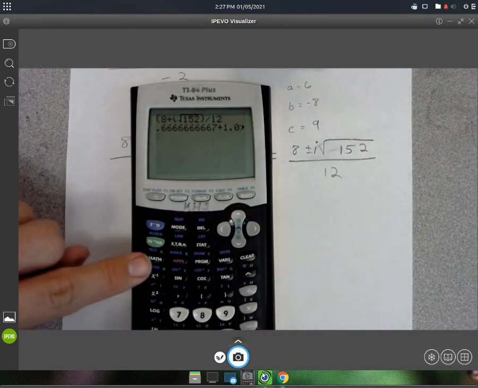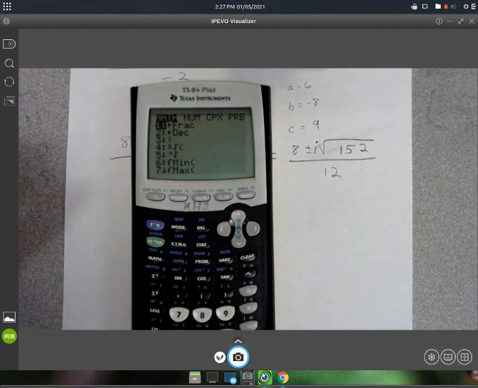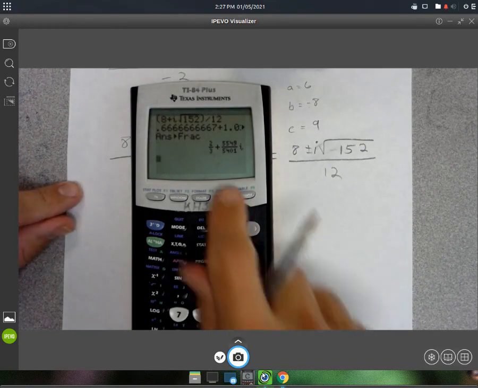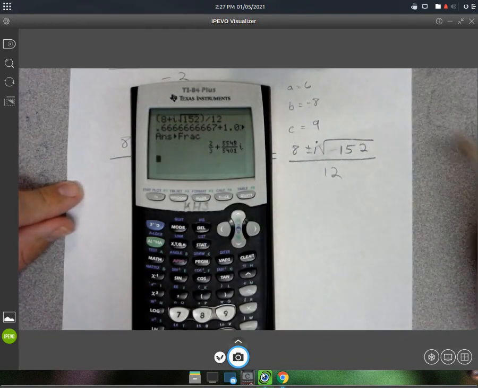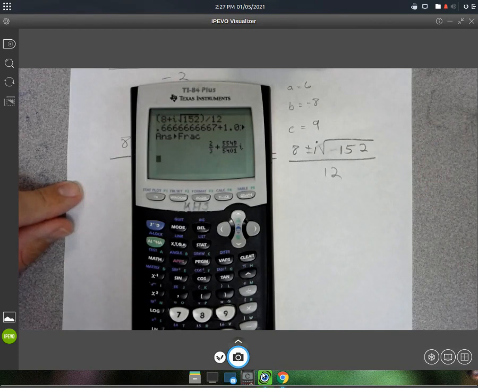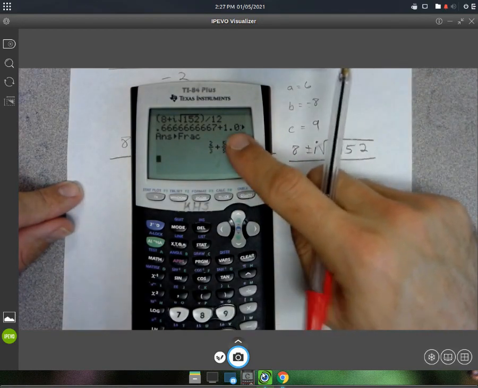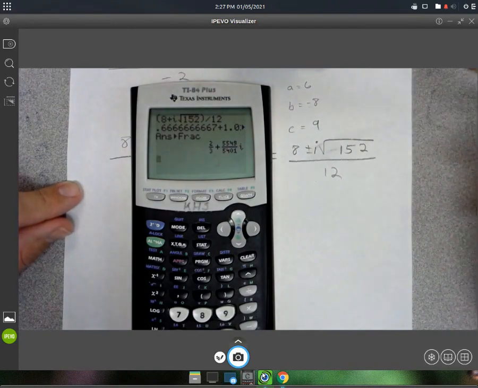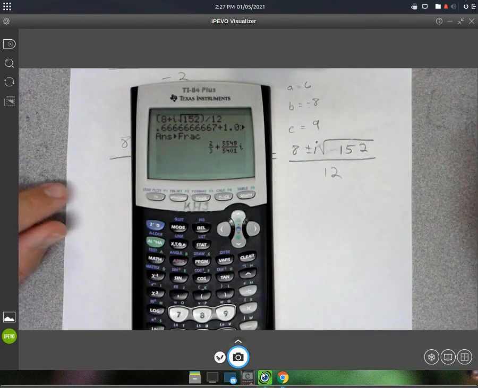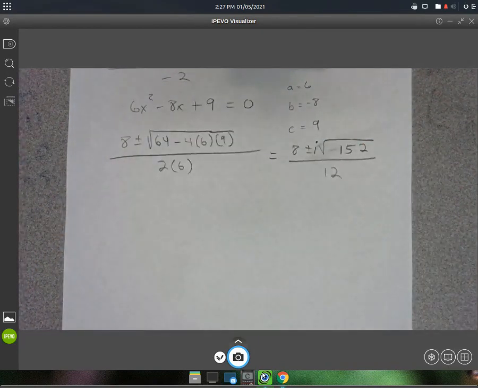So it's already in there, math, fraction, and this is what you get when you apply the quadratic formula to this. I wonder if they're just rounding, because I'll bet they're rounding. Anyway, okay, that's good for that example.